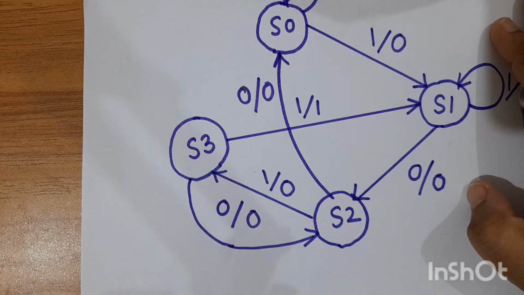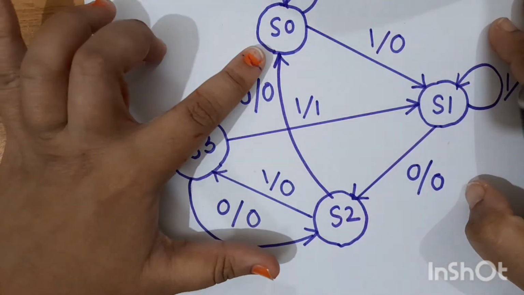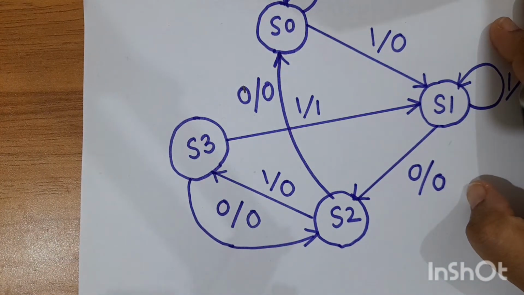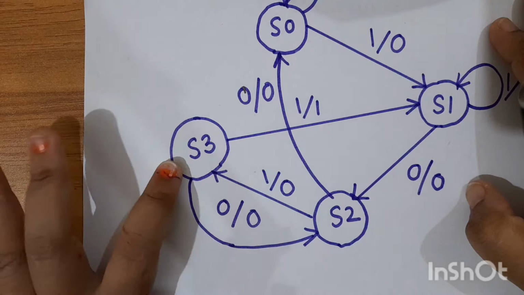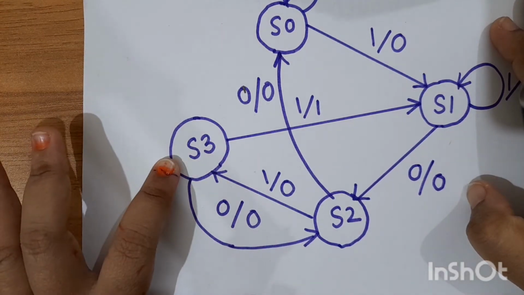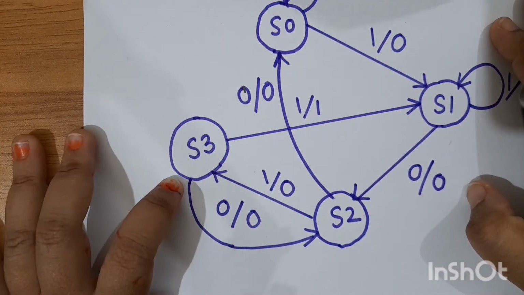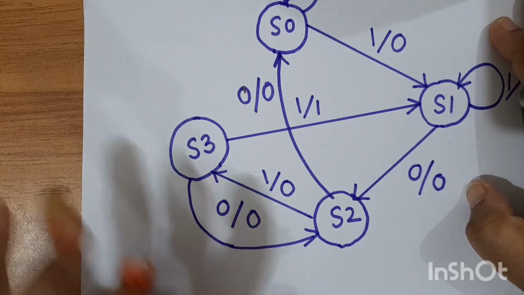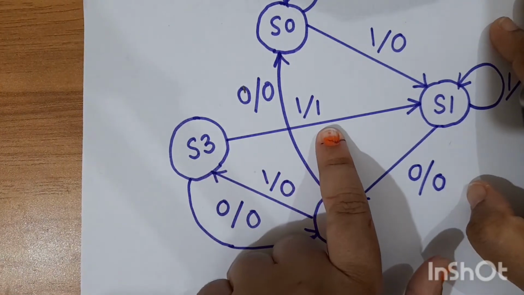That means it has to go back to S0, that is the idle state, because the pattern has broken. Now in S3 stage, if the input applied is 1, then what pattern forms? 1011. Oh, our pattern is detected. So output is also 1.